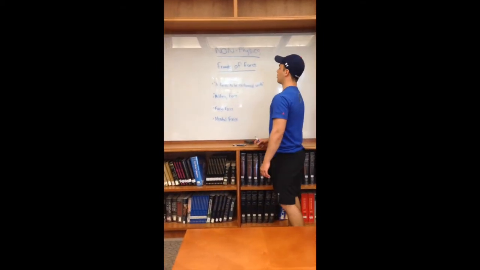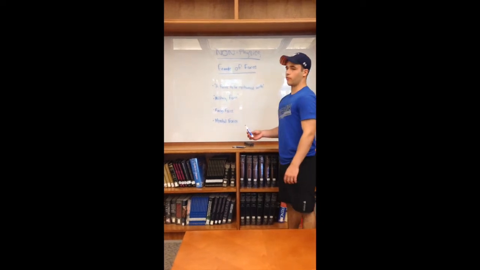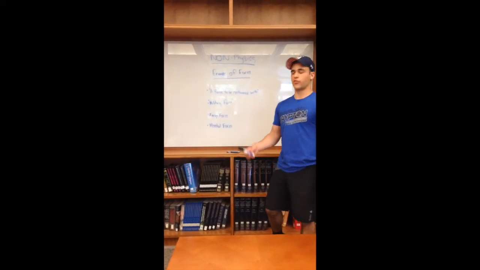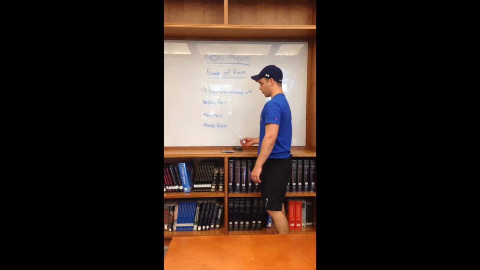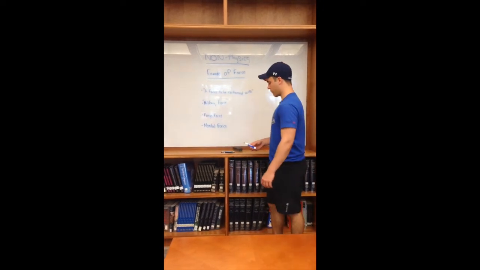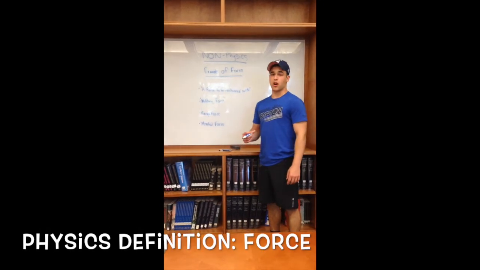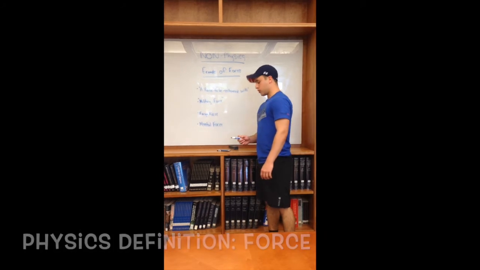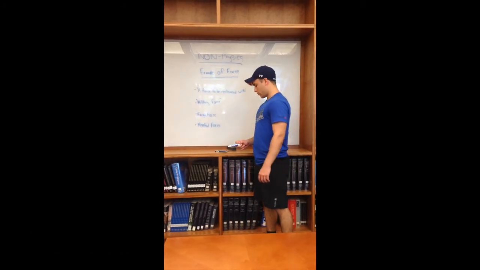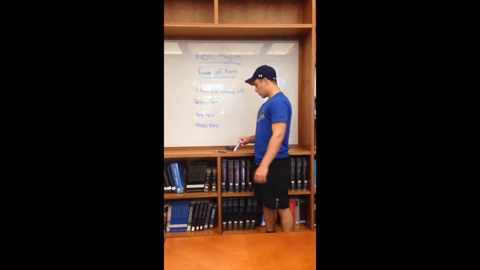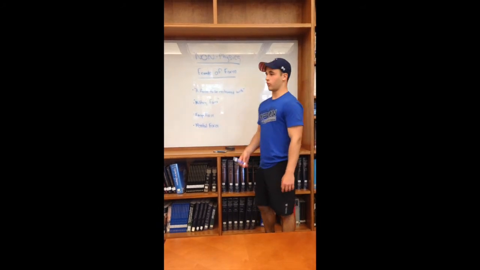Comparing the non-physics force examples to an actual physics definition, let's first get the physics definition. So force is a quantitative description of the interaction between two physical bodies, such as an object and its environment. Force is proportional to acceleration.